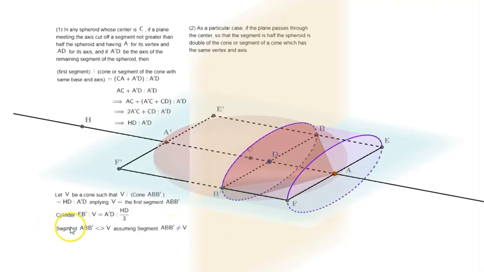Now, to prove this, we will assume that segment ABB prime is not equal to V, which means either it is less than or greater than V. So we divide the axis of the cylinder into equal parts, N, M, L. I've divided it into 4 parts, and I draw lines parallel to BB prime.